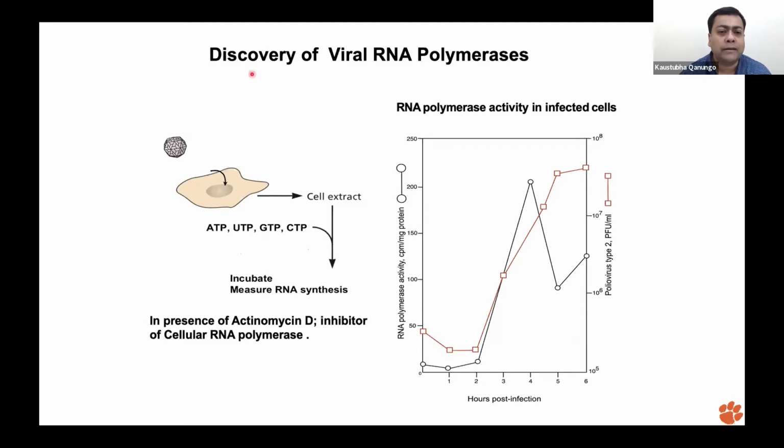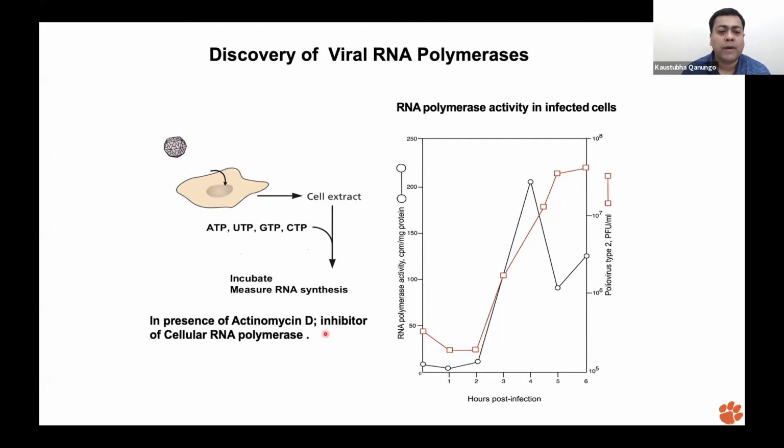What they did was take the cells in culture and add all the nucleotides, and out of those nucleotides, in the original experiment, they used carbon-14 labeled GTP. So one of them was radioactive. Before adding these nucleotides and the hot, or radio-labeled, nucleotide, they added actinomycin D into the cell culture.